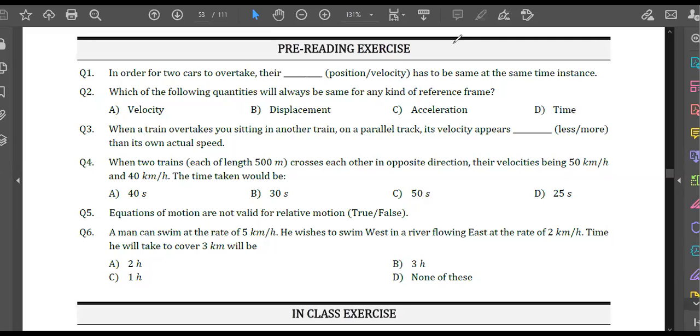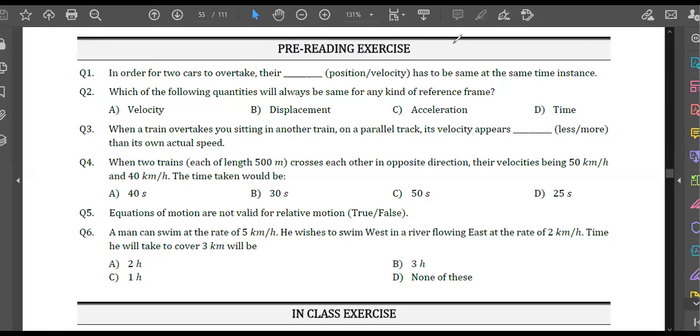Next, question number fifth and sixth. Sixth is numerical. Try to solve question number 6. Fifth one, it should be false. It can be used.